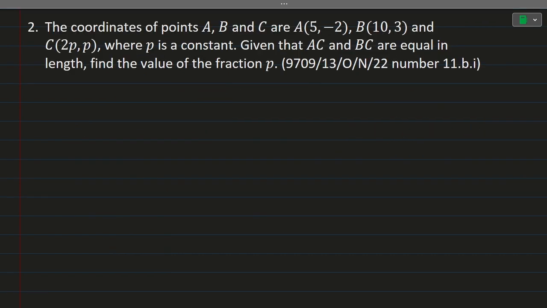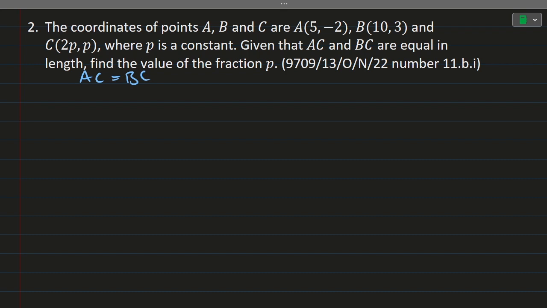Now let's move on to question number 2. The coordinates of points A, B, C are A 5, 2, B 10, 3, and C 2p, p, where p is a constant. Given that AC is equal to BC in length, find the value of the fraction p.